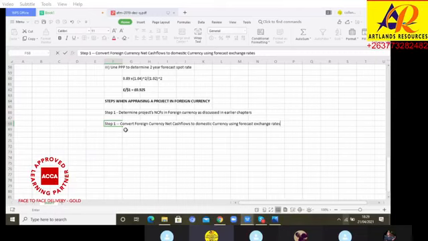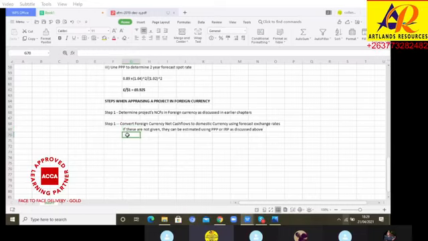You convert using forecast exchange rates. And if these are not given, they can be estimated using purchasing power parity or interest rate parity as discussed above.